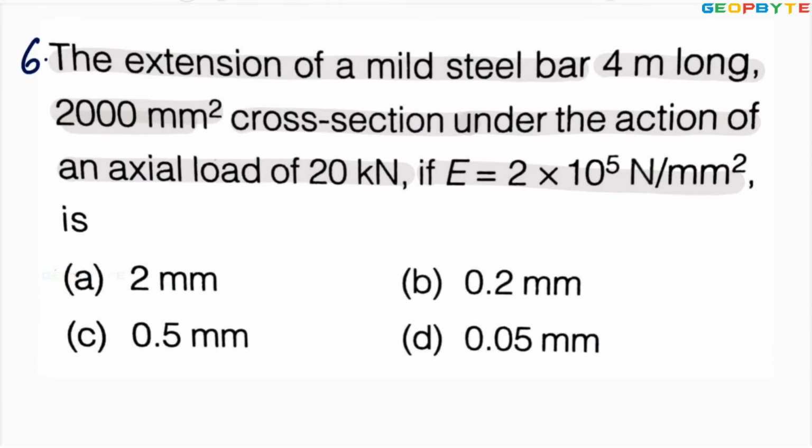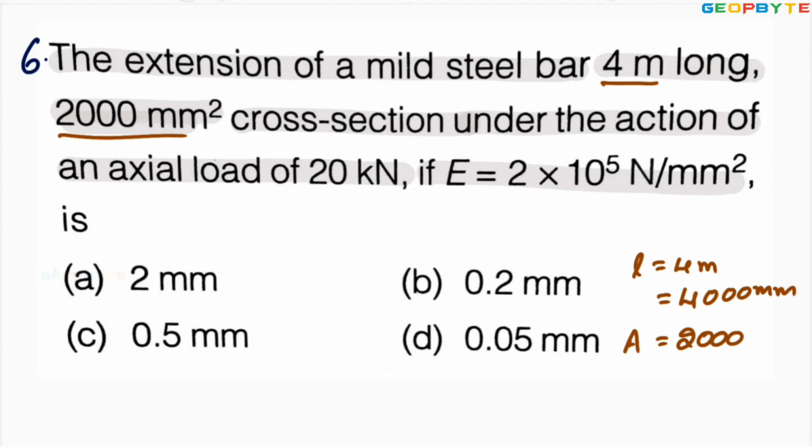The data given is the length of the body is given 4 meters, that is equal to 4000 millimeters. Cross-sectional area equal to 2000 millimeter square.